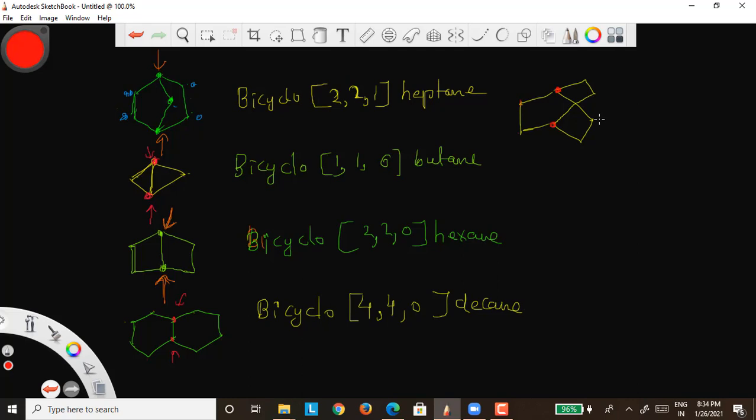Okay, like this. So you say the name is bicyclo, square bracket. This side 2, this 2, so 2 2 2. So how many carbons in total? 2, 2, 2, 6, 7, 8. So octane. Okay.